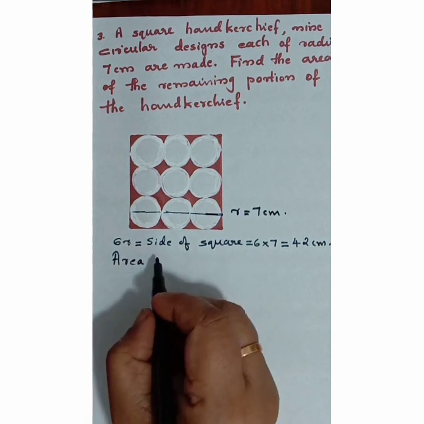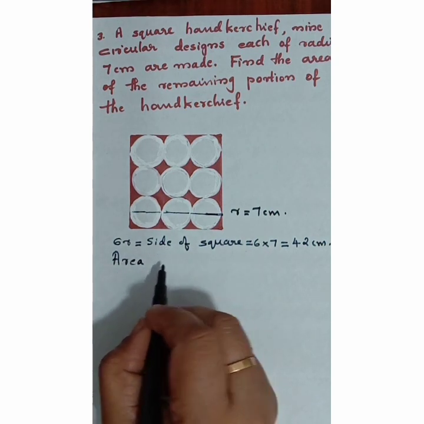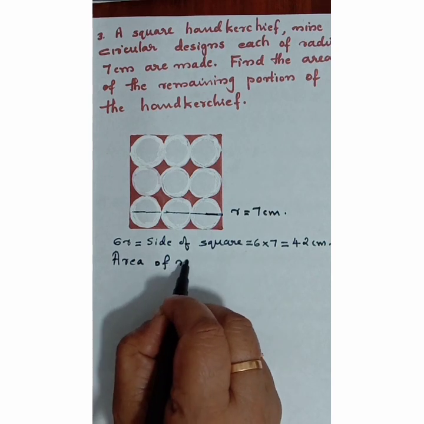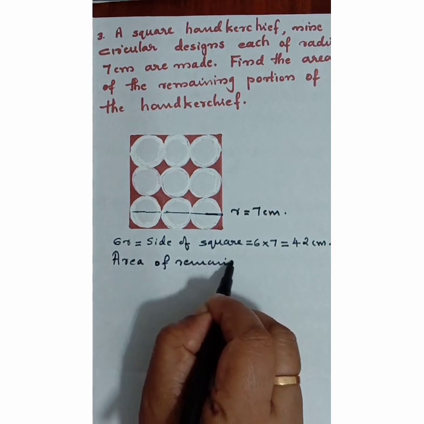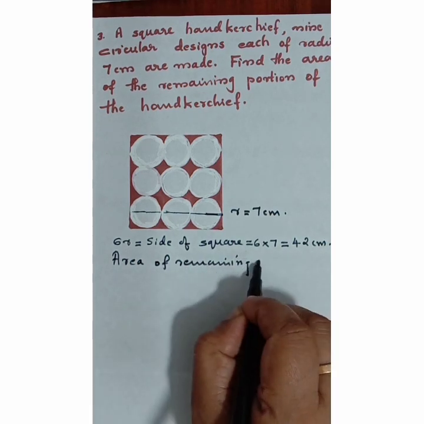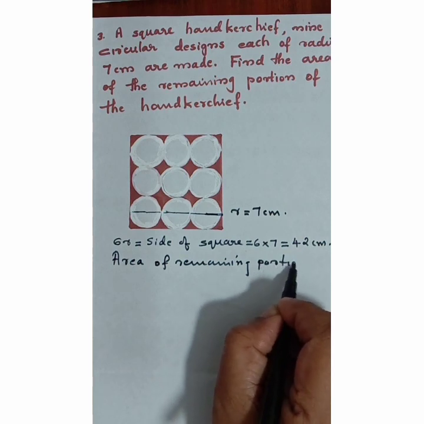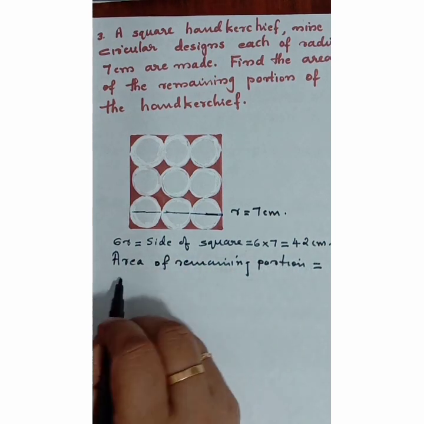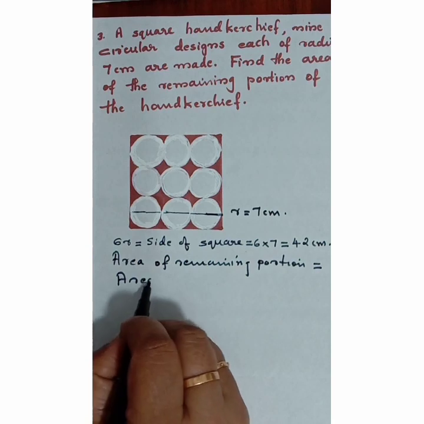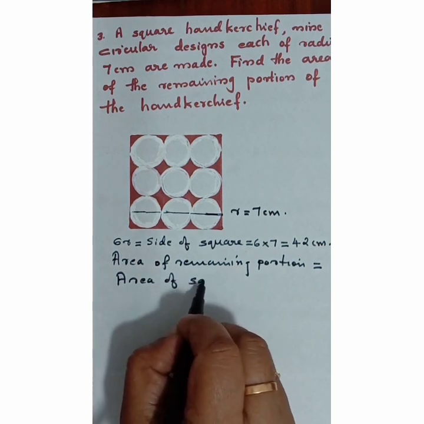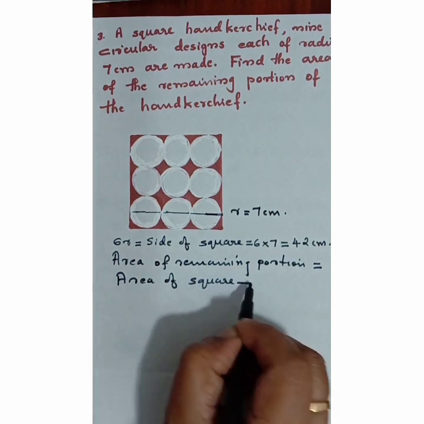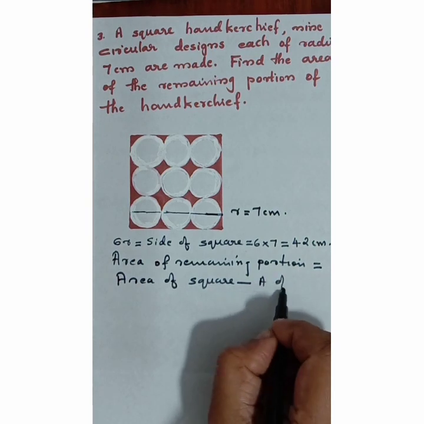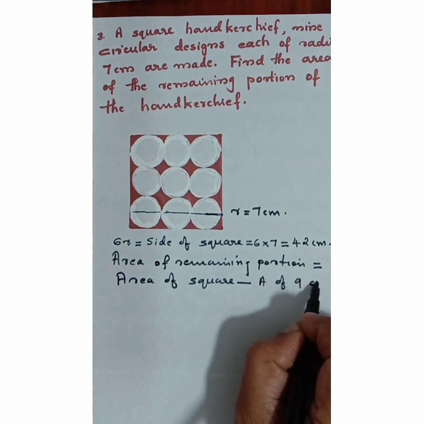As in the question it is remaining portion, area of remaining portion equal to area of the square minus area of 9 circles.